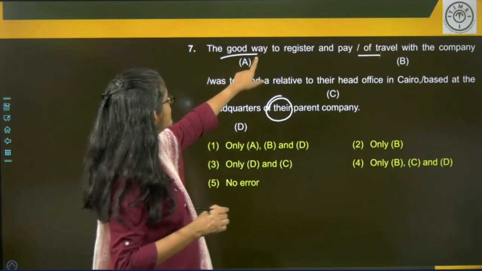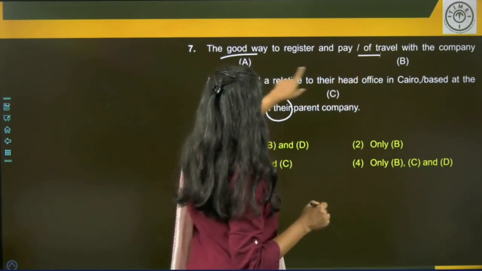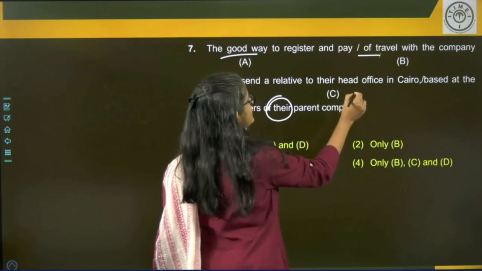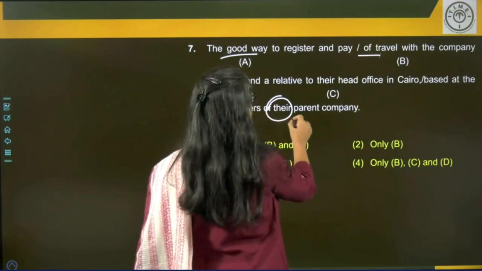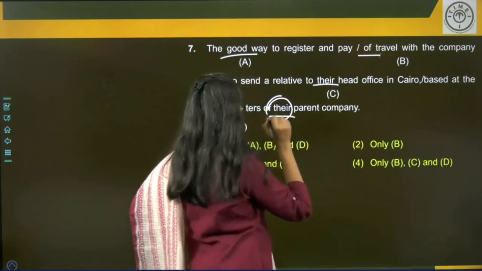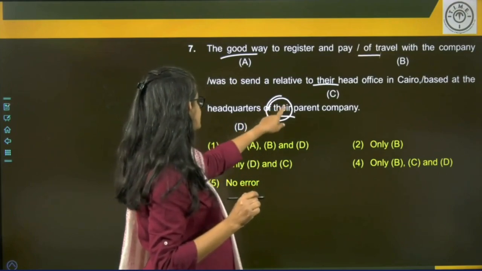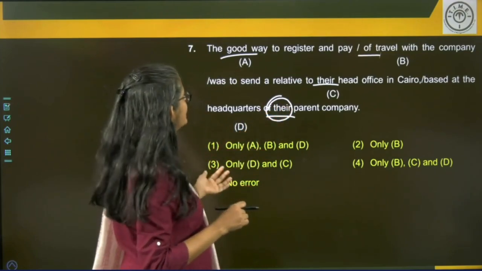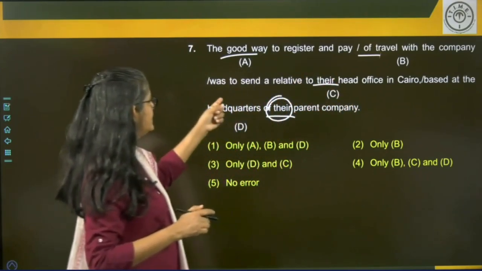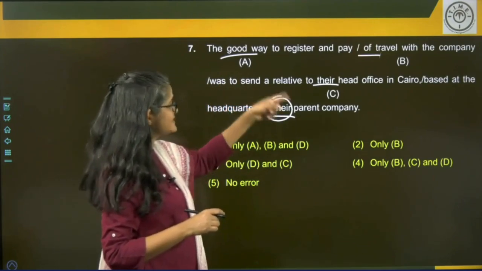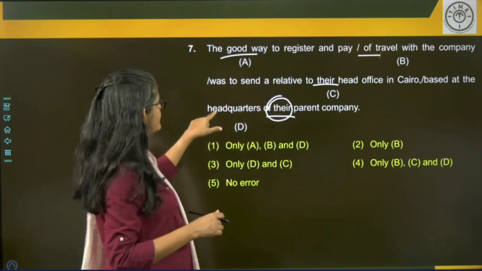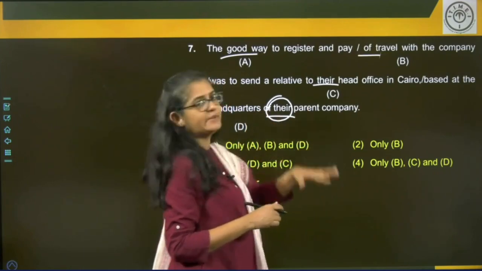So, travel with the company was to send a relative to the company's head office in Cairo based at the headquarters of their parent company. Okay. So, there is a problem with the use of all these pronouns here, right? The best way to register and pay for travel with the company was to send a relative to the company's head office in Cairo based at the headquarters of its parent company.